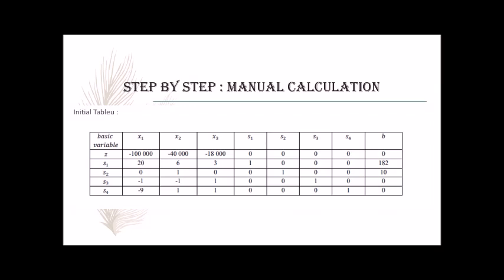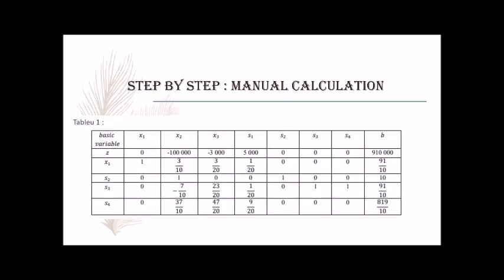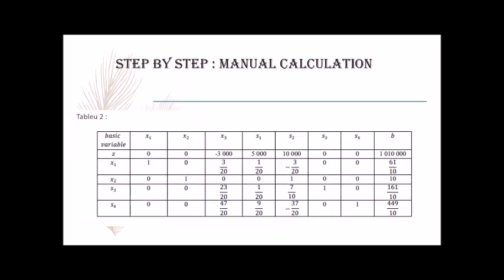Since this question is a maximization problem, in each tableau we need to ensure that there is no negative coefficient in row Z to achieve an optimal tableau. We make a further calculation to get tableau 1. In tableau 1, there are still negative coefficients in row Z, so further calculation is needed to get tableau 2. Same as tableau 1, there is still a negative coefficient in row Z. Hence, further calculation is needed to get tableau 3.